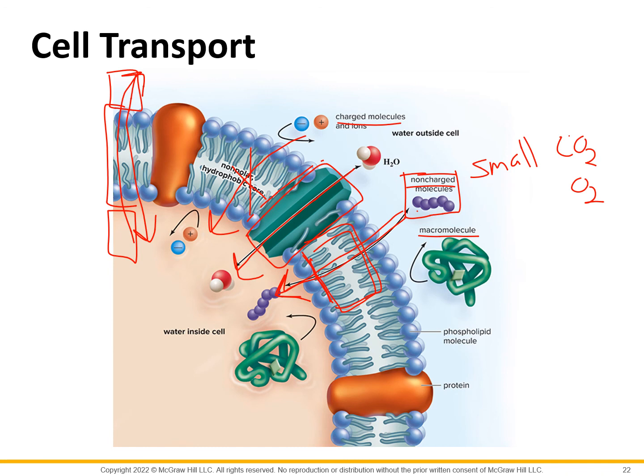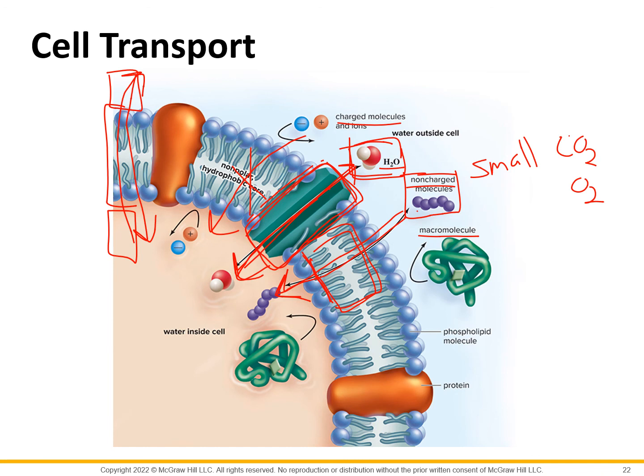One such channel is the aquaporins, and aquaporins allow water. Aqua, water, they allow water to move across in either direction depending on the concentration gradient. This will become very important when I talk about osmosis in a little bit. So just remember that water molecules do not cross directly through the phospholipid bilayer. They need these channel proteins, called aquaporins.